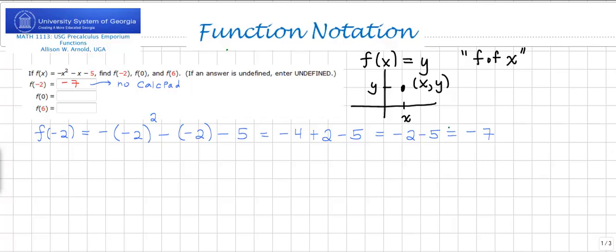Okay, similarly, f of 0 will be negative 0 quantity squared minus 0 minus 5. Again, I'm letting x equal 0 throughout the formula, which gives us a value of negative 5.